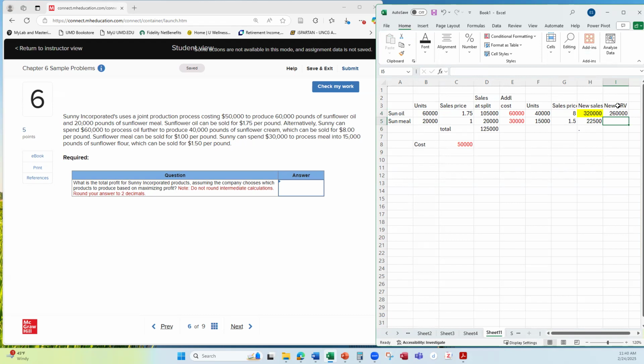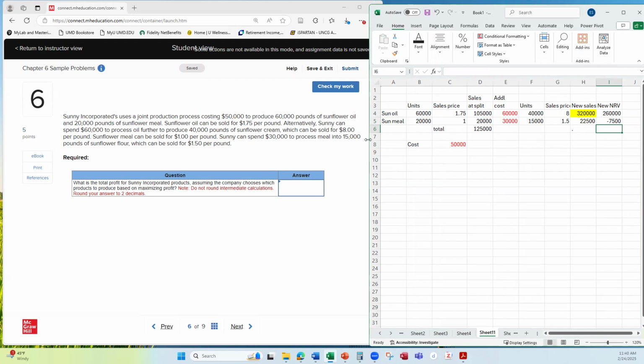So 260,000 after additional processing. And then over here, it would be a loss of 7,500. We probably don't want to do that one. So it looks like our best course of action here would be to do the 260,000 from the top one.